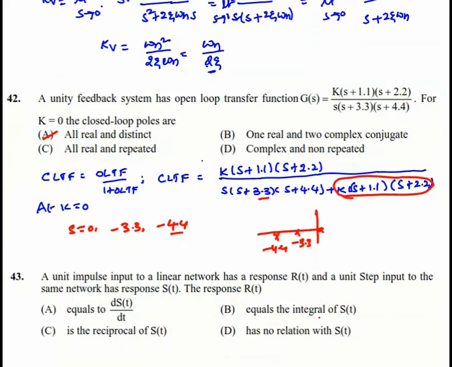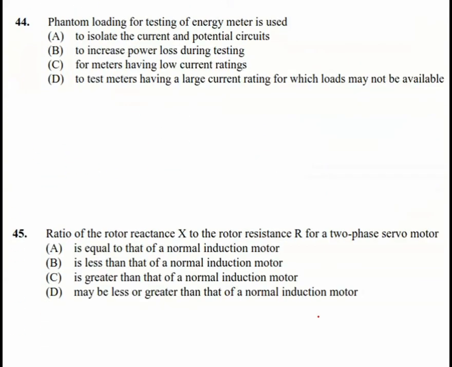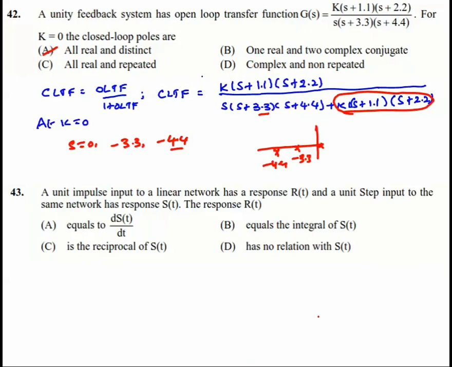Next question. A unit impulse to a linear network has a response r of t. So let's consider a linear network. First we have given an input, a unit impulse, and we got the output as r of t. For the same network, now we have changed the input.